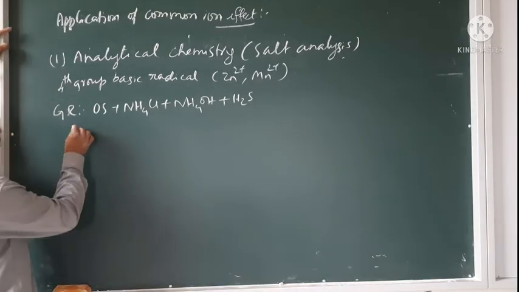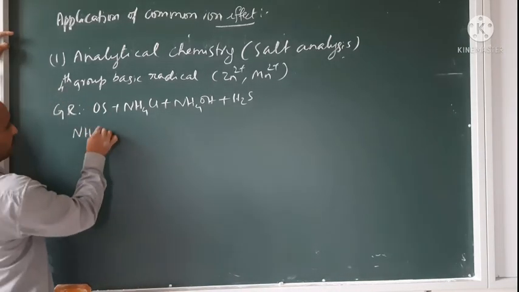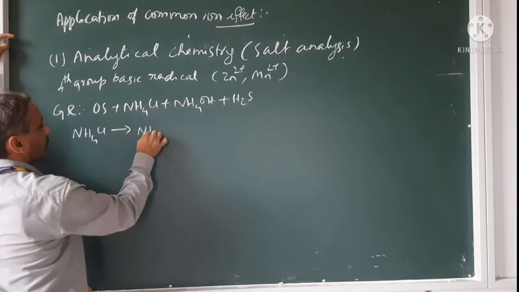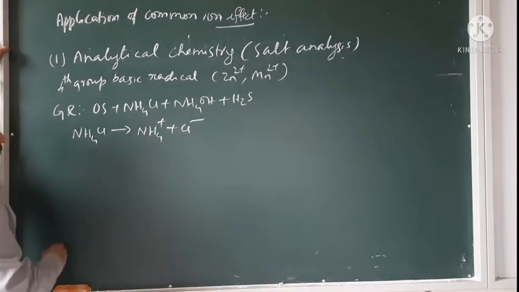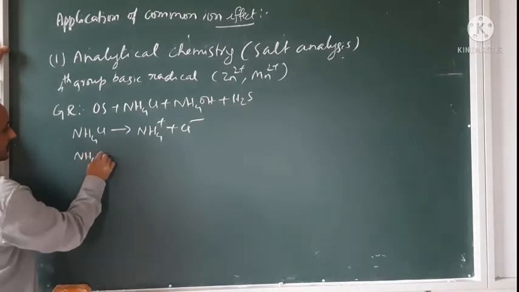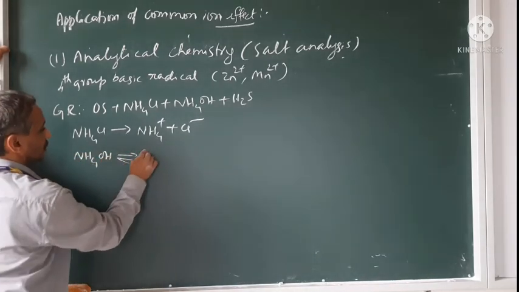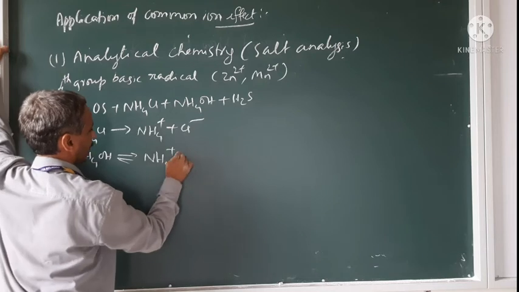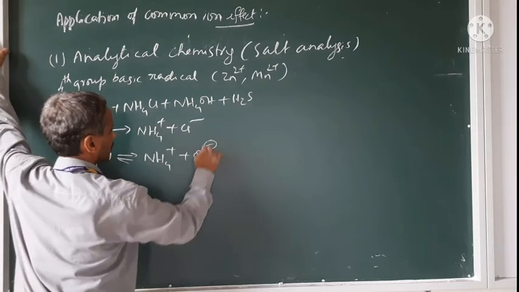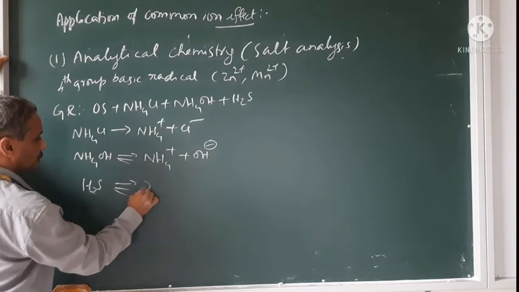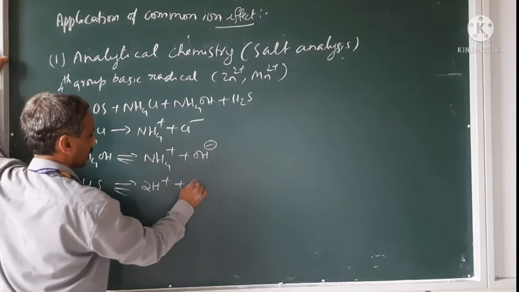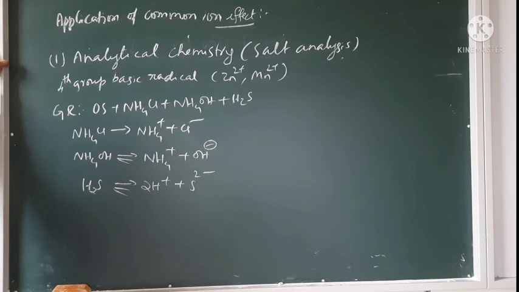Ammonium chloride gives ammonium ion and the Cl minus ion. Ammonium hydroxide gives ammonium ion and the hydroxide ion. H2S, a weak electrolyte, gives 2H plus ion and the S2 minus ion.